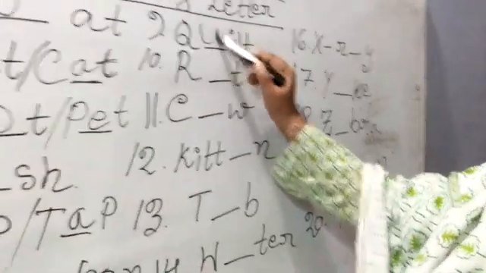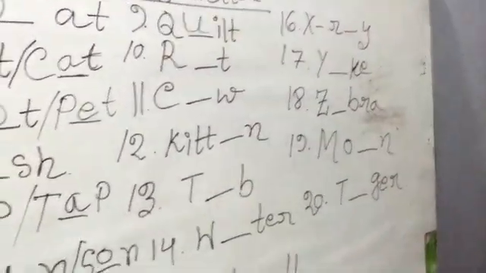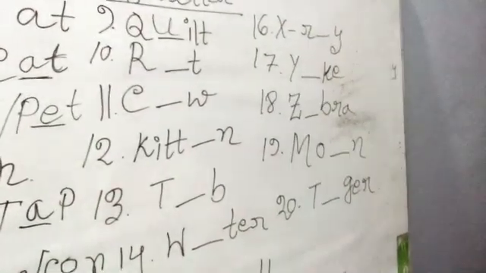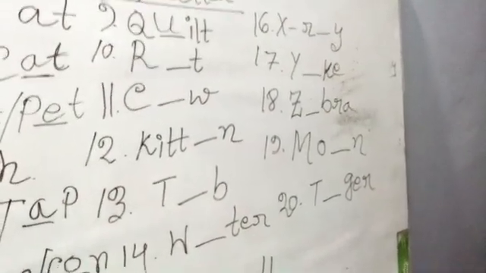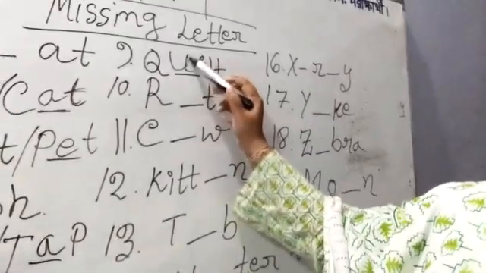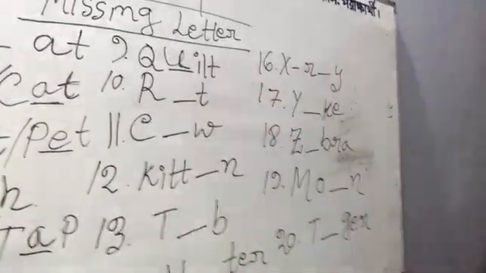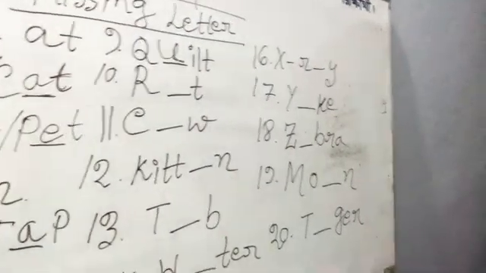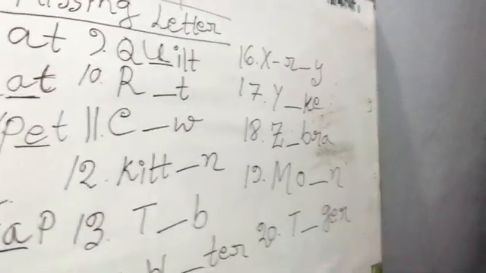Then Q dash I L T. If I put a U here, it becomes quilt. Quilt means a coverlet. You can also find another meaning for it.